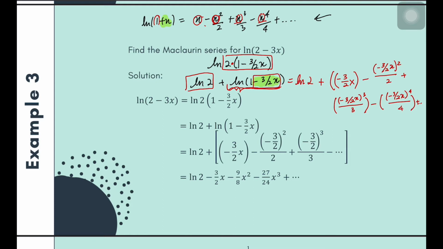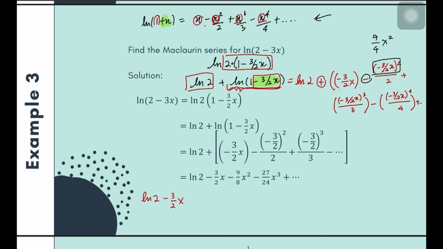Now it is only the process of simplifying. We want to simplify from this multi-level form into one simple equation. So we have ln 2 in front, don't forget that. Here we have plus and minus, so it becomes minus 3/2 x. Then here we have (−3/2 x)²: negative squared is positive, 3 squared is 9, 2 squared is 4, and x squared.